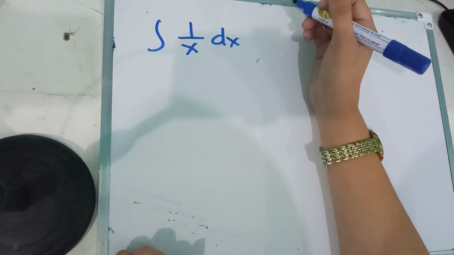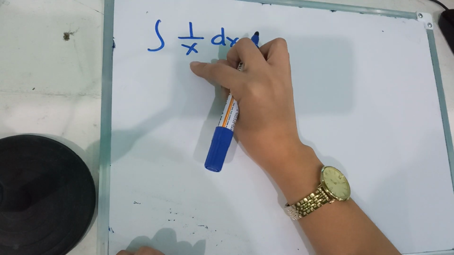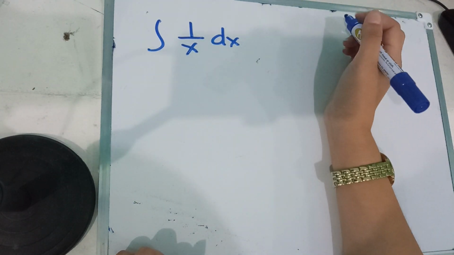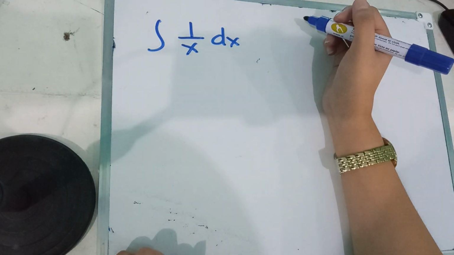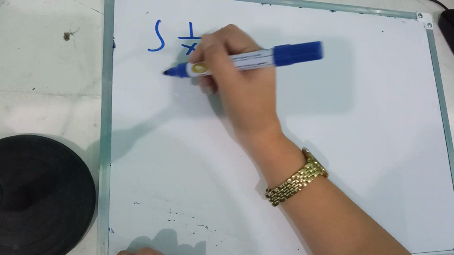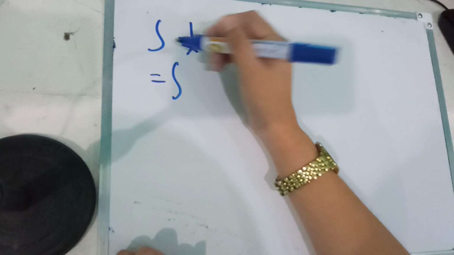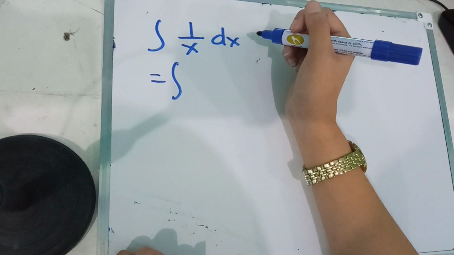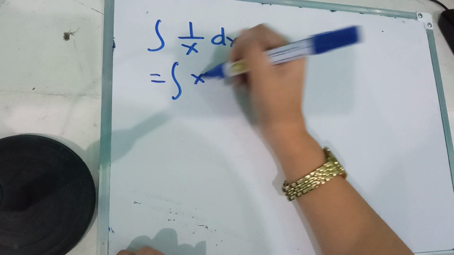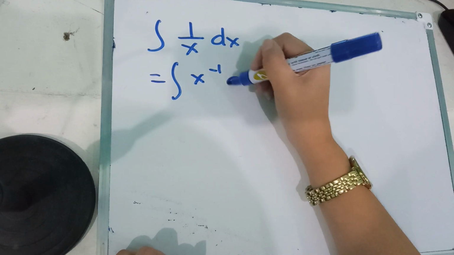The answer is no. Why? If we solve for the integral of this one using the power rule, this is what it will look like. We can transform that to the integral of x to the power of negative 1 dx.